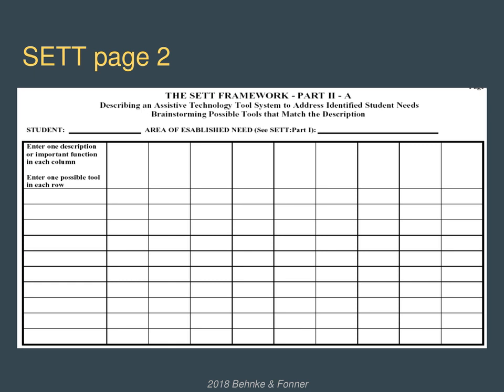So there are a lot of strategies and procedures that really need to be put in place as we look at specific tools. But the nice thing about this particular form is that you list that down and you say voice recognition as one of the possibilities. And then you look at the different types of functions that are needed, and then you decide through a collaborative team process whether that particular tool is really going to be utilized in the best ways possible.